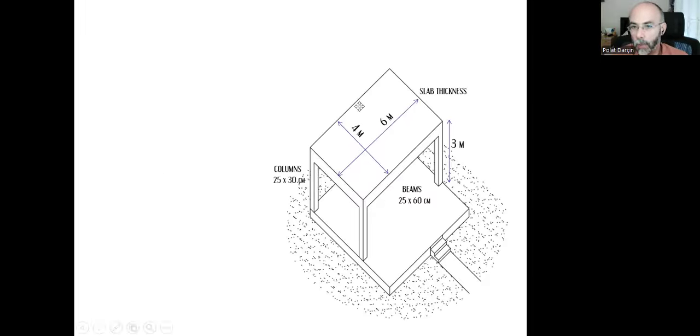The beams will be on these four sides, connecting the columns together and supporting the slab. The thickness of the slab, this middle part, will be 10 centimeters. The minimum size will be enough again. So these are our decisions.